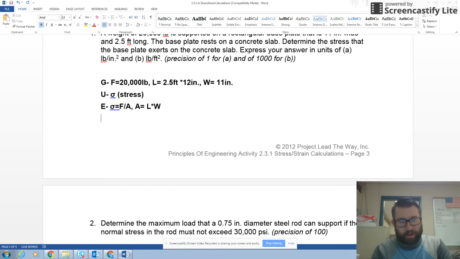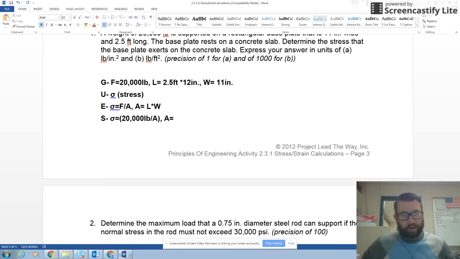So the next step, all I have to do is substitute. So here, I'm going to use stress equals force, which is 20,000 pounds, divided by area, which I don't know yet, but I can figure it out, and A equals length times width.